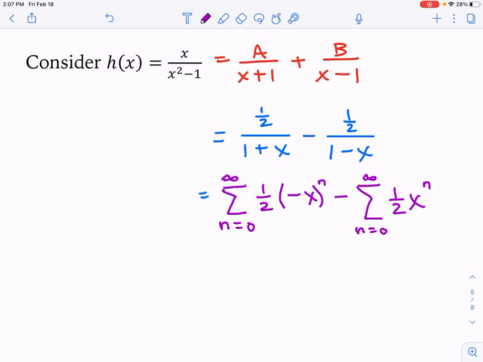No. So, well, how do we write it as one series? Factor it.